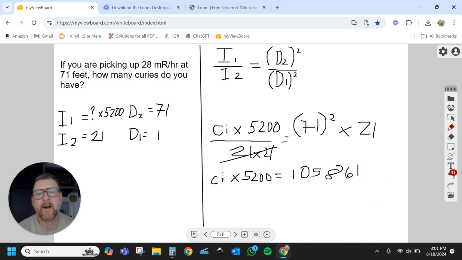Okay, now if you notice here, we have times 5200 on this side. We need to get rid of this, so let's just go divide it by 5200, both sides.